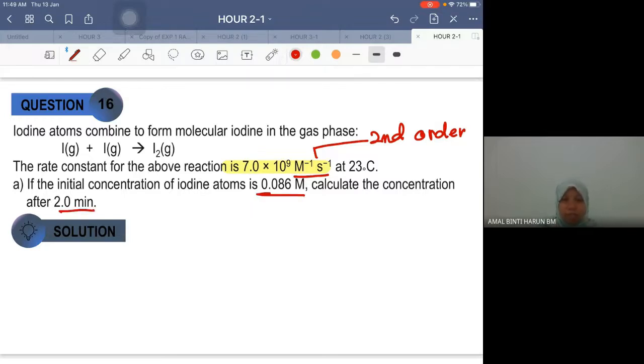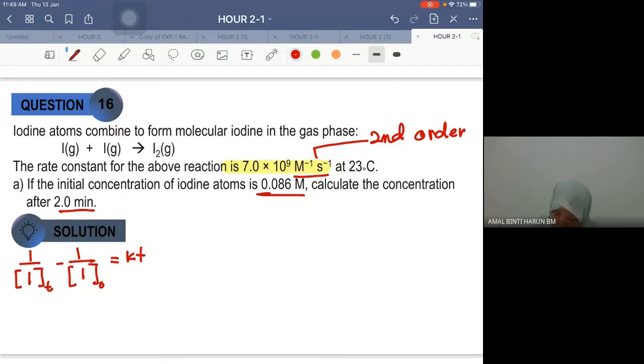So since it is second order, so 1 over concentration of iodine. Okay, formula dia bukan initial tolak time, tapi untuk second order is 1 over concentration of iodine equals 1 over initial concentration of iodine plus KT.